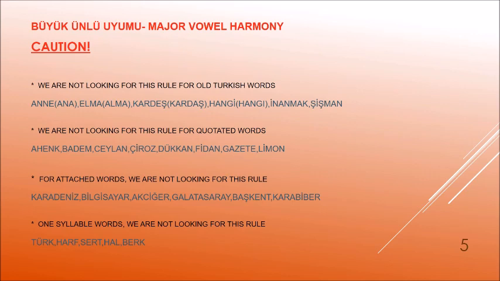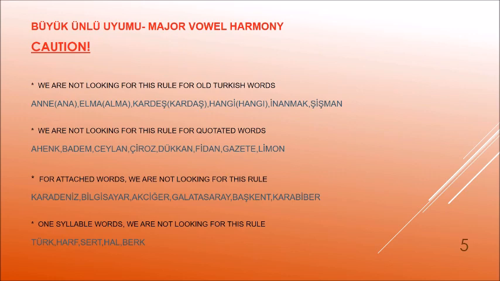Second rule, we are not looking for this rule in quoted words. Quoted words are derived from foreign languages and we are using them in Turkish right now. Ahenk, badem, ceylan, çiroz, dükkan, fidan, gazete, limon. So these are the sample words.